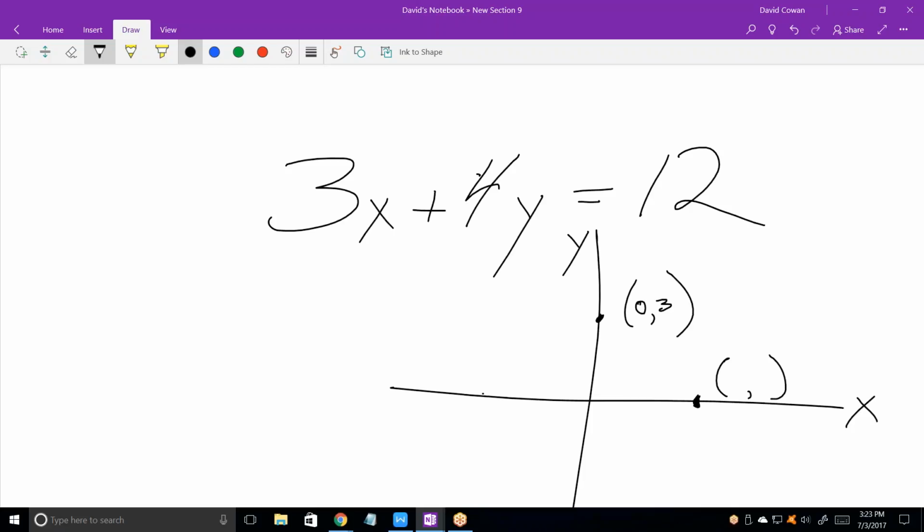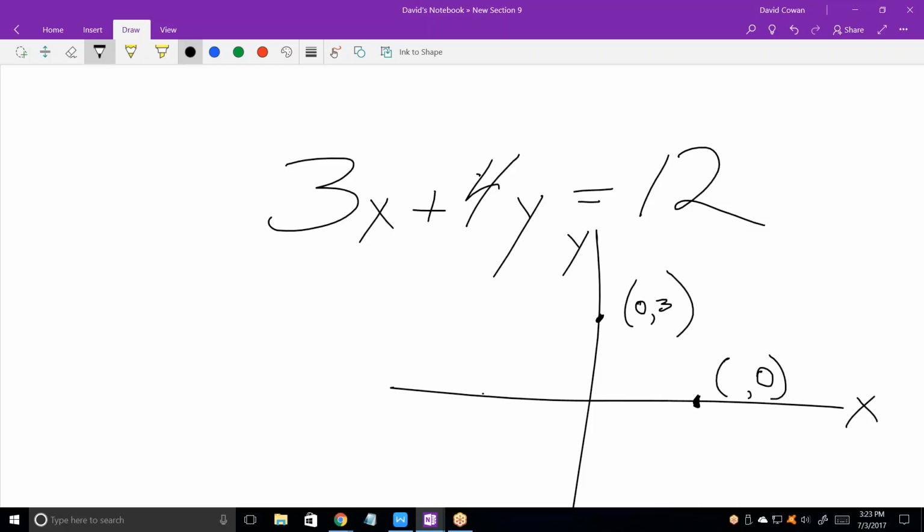Hold on. What's y? Think about what I'm saying. What is y equal to when I am on the x-axis? No matter where I'm on the x-axis, y is the same. What is y? 0. Okay. That value is 0.